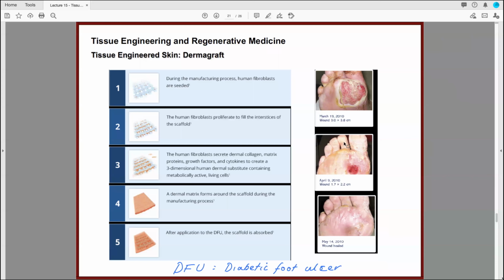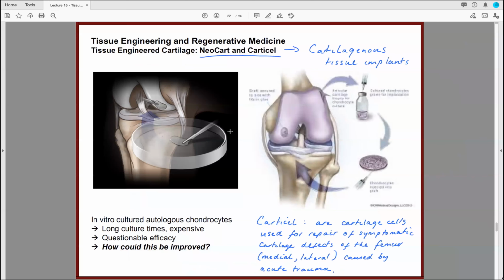You can see that it's actually amazing how the ulcer has almost disappeared over what looks like only a couple of months. So by creating this scaffold and seeding it with the fibroblasts, we provide the area where the foot ulcer was with all the important ingredients in order to regenerate. So that's one particularly cool aspect.